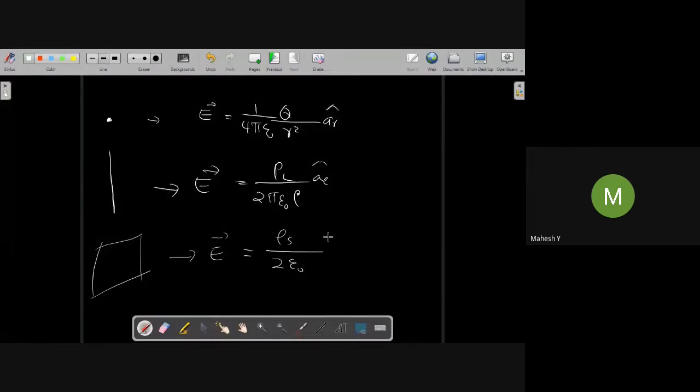Okay, first we will discuss a problem regarding field of line charge, which we discussed in the last class. Note down the question.